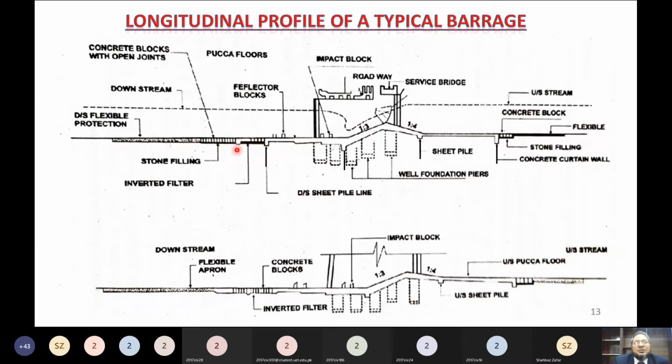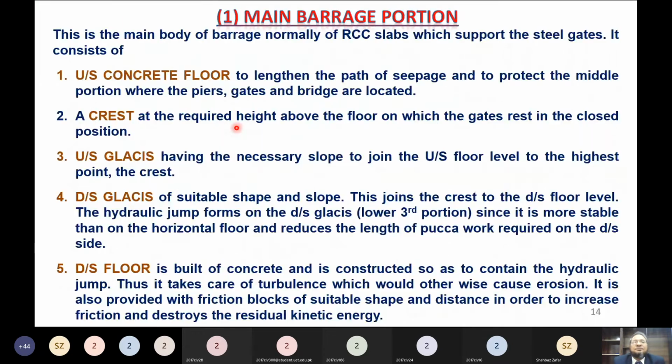The water should escape and be discharged from the downstream of the concrete floor, but at the same time the fine sand and fine silt should not move along when it emerges on the surface. So that is the main purpose.